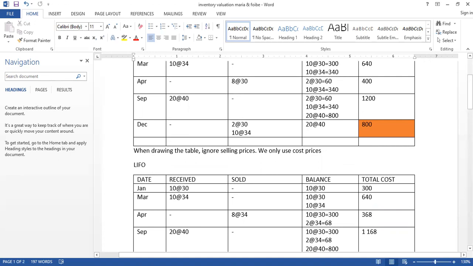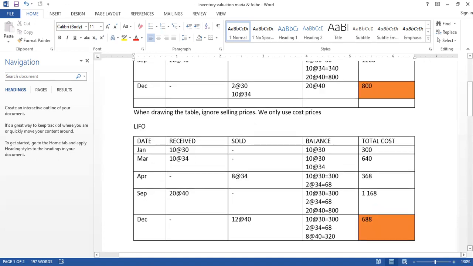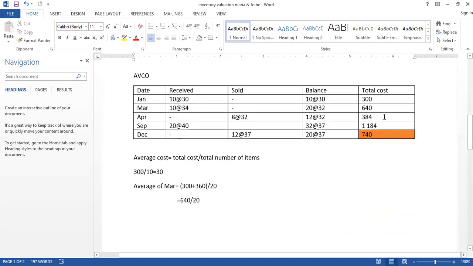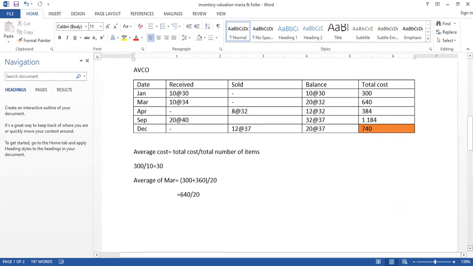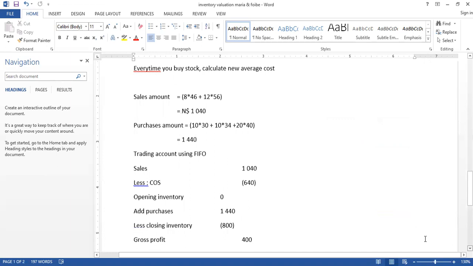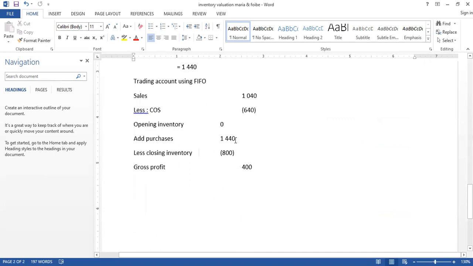If you're asked to use LIFO, then your closing stock will be 688. And if you're asked to use weighted average, then your closing stock will be 740. That is the difference between all the trading accounts. Only the closing stock makes the trading accounts in all 3 methods different.